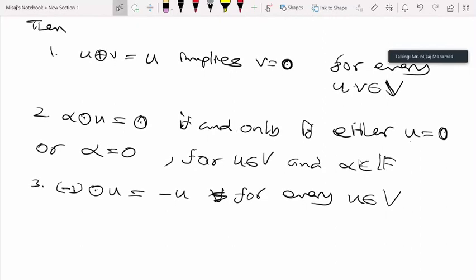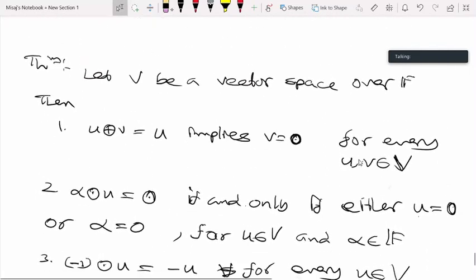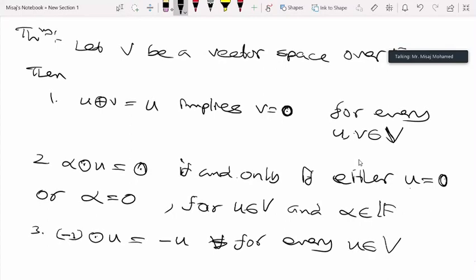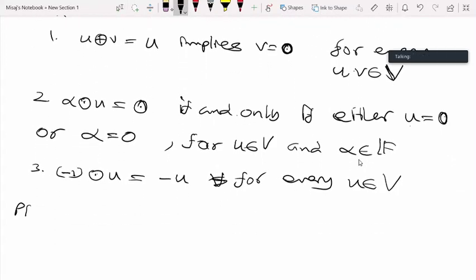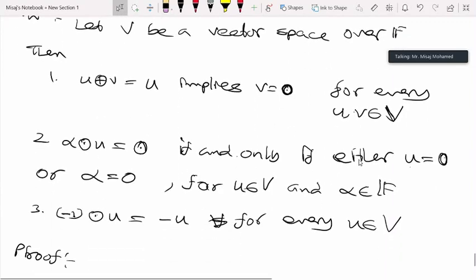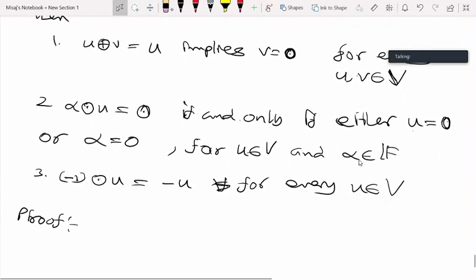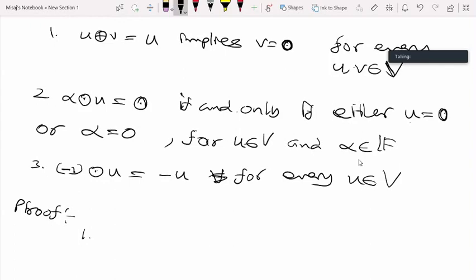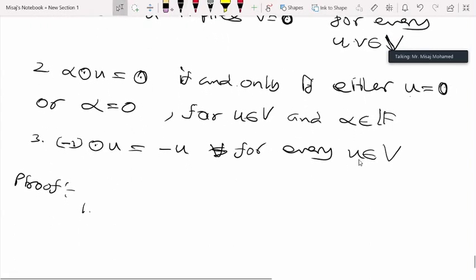Hello, sir. Right. Now we will see how to prove this. If V is a vector space over the field F, then all the above properties are satisfied. Now we will see the proof. First proof.